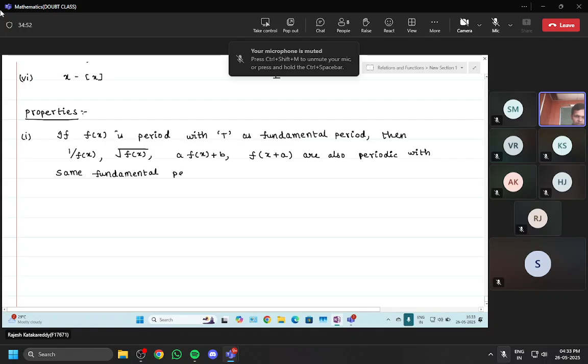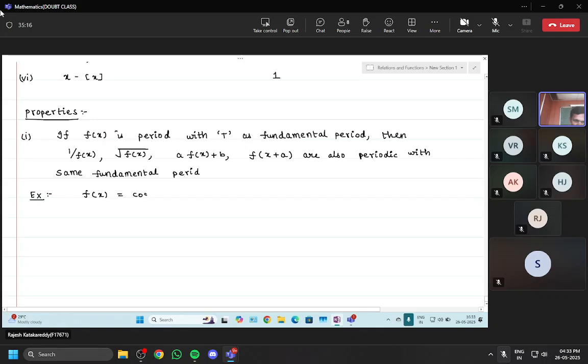Now here, listen, there are restrictions. In the 1 by f of x case, f of x is not 0. In the root f of x case, f of x should be greater than 0. So now if I am taking f of x equals cos x, maybe any one I can do here.